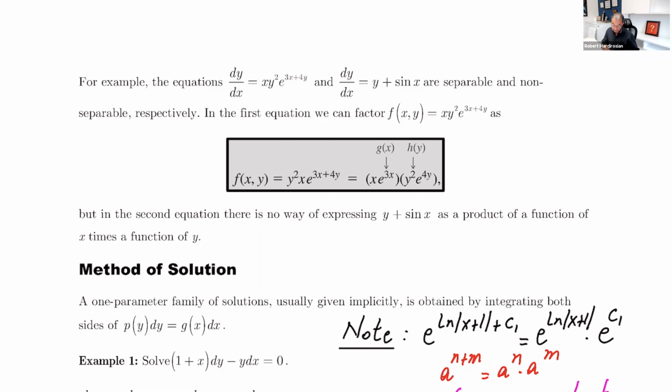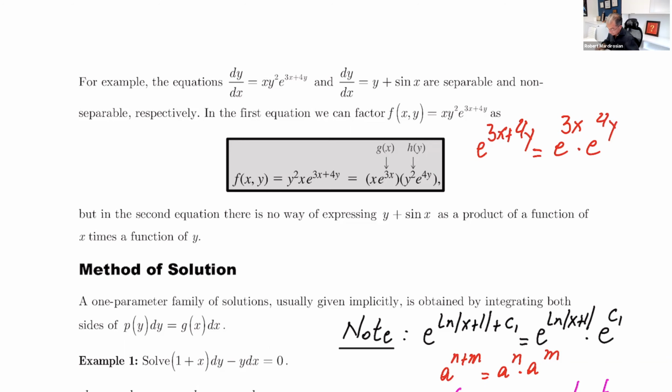In this case, f of x y, if I separate them, I can say x e to the 3x is g of x, and y squared e to the 4y is h of y. And just to refresh your memory of algebra, e to the 3x plus 4y can be written as e to the 3x times e to the 4y.